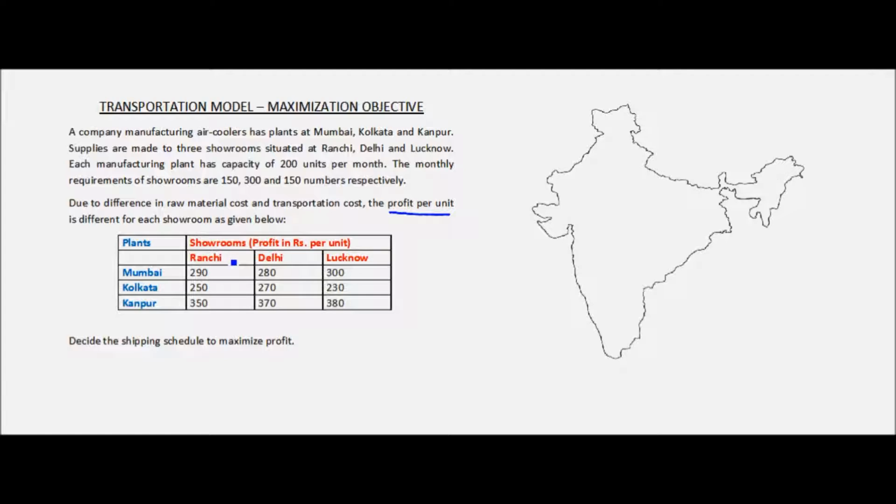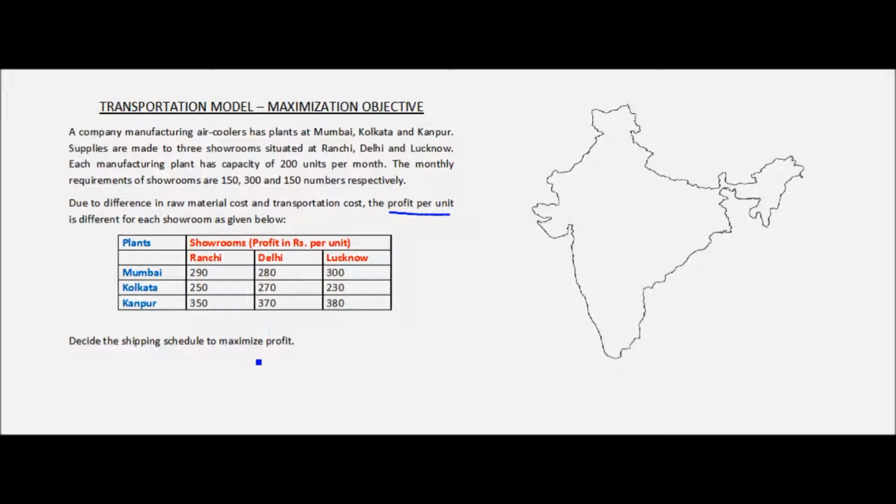And if it is again sold at Ranchi showroom and it has been shipped from the Kanpur plant, then the profit per unit is 350 rupees. Similarly, if it has been sold at the Delhi showroom and has been shipped from Mumbai plant, then the profit per unit is 280 rupees and so on.